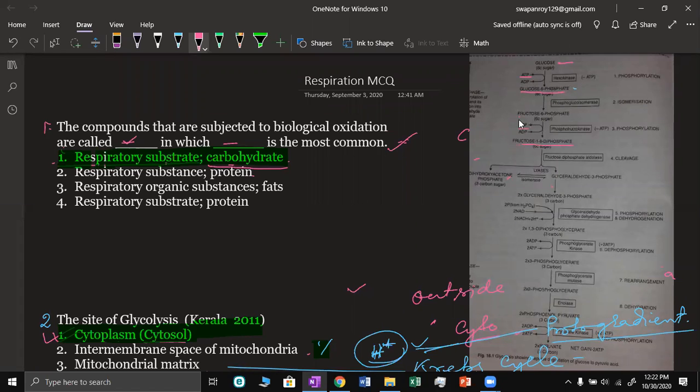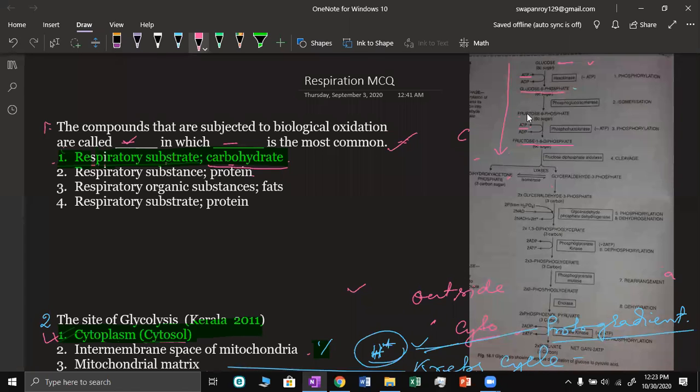So two molecules of ATP are consumed in the initial process of glycolysis. So the process of respiration starts with the phosphorylation of the respiratory substrate.